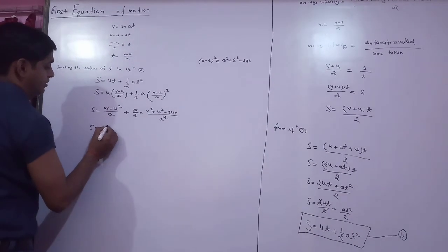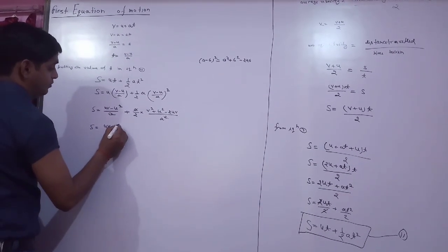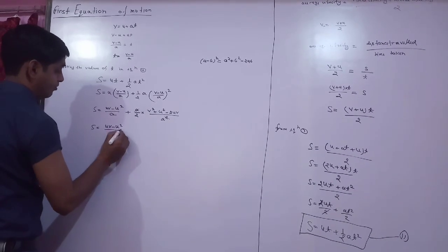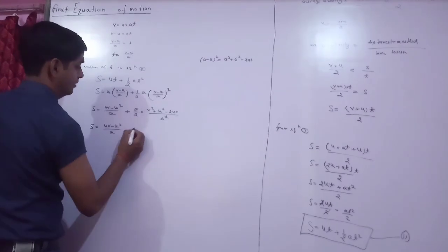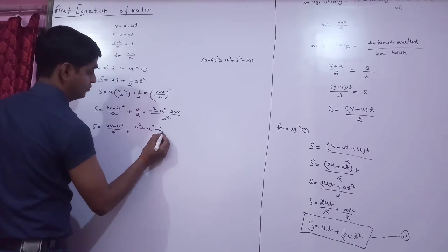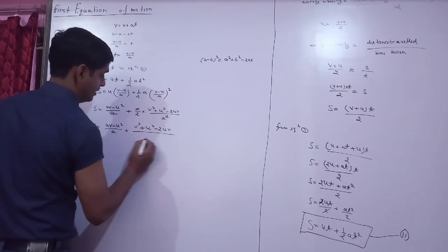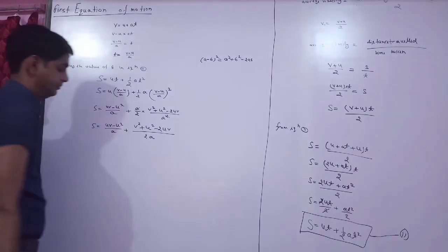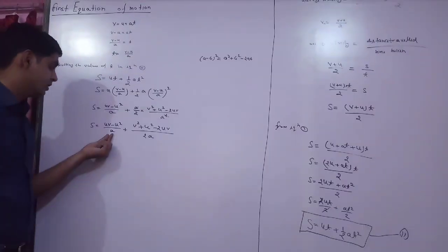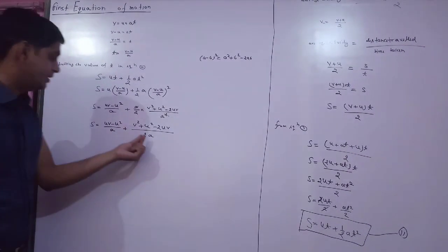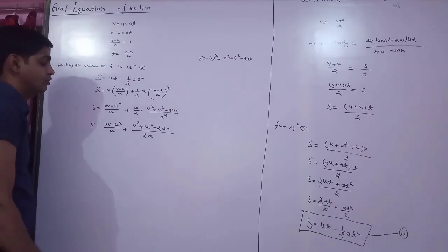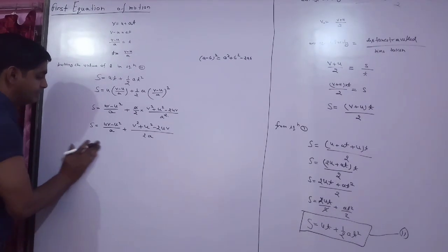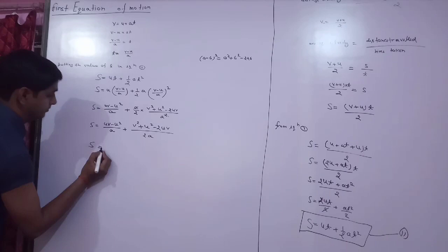After that, u(v minus u) upon a plus (v square plus u square minus 2uv) upon 2a. This term has denominator a and this term has denominator 2a. There are different denominators, so we need the LCM. LCM is 2a.